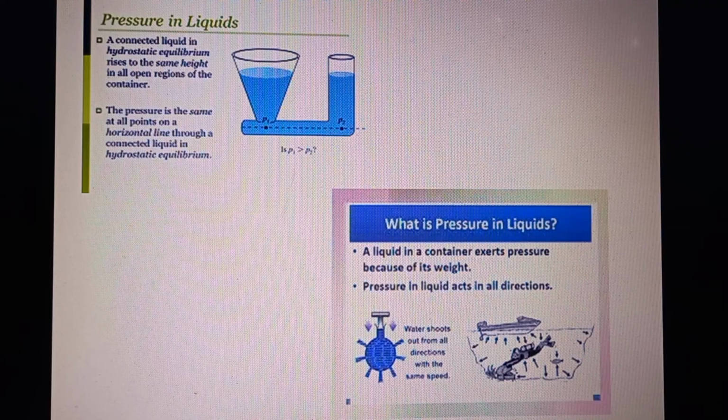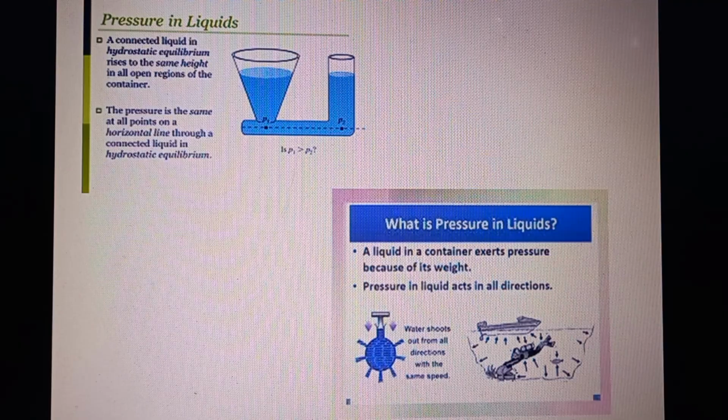So in this case, pressure in liquids, a connected liquid in hydrostatic equilibrium, when we talk about hydrostatic, water at rest with equal amount, has the same height in all open regions of the container. So just remember that it won't affect their shapes, even though one is a cylindrical shape and the other container is a cone shape.